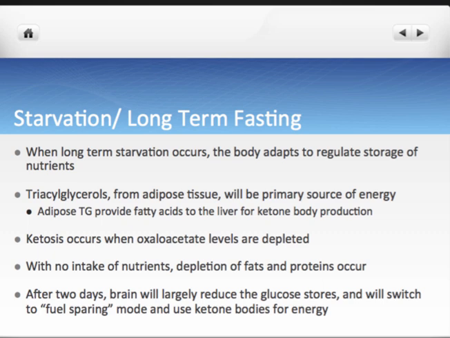We see triacylglycerols from adipose tissue will be the primary source of energy, and so adipose triacylglycerols provide fatty acids to the liver for ketone body production. Ketosis occurs when OAA levels are depleted, and we see that because we have no intake of nutrients, we have a depletion of both fats and protein stores.